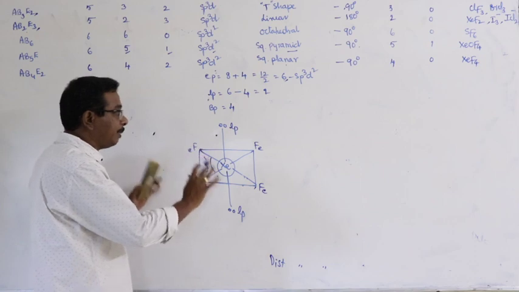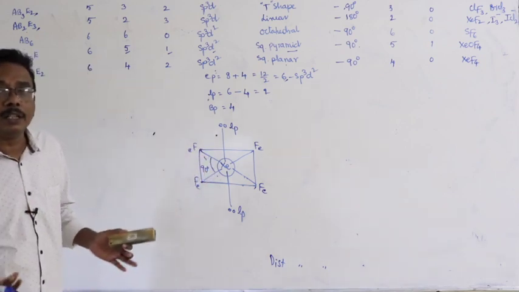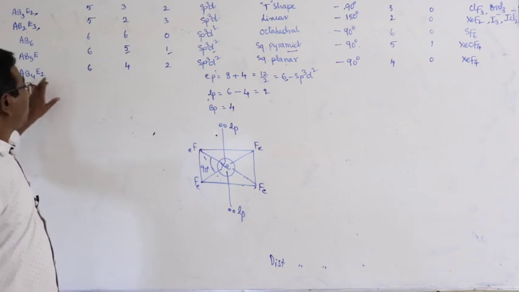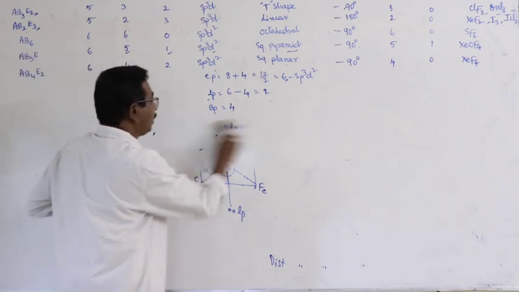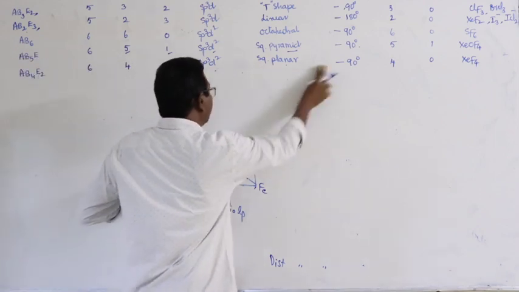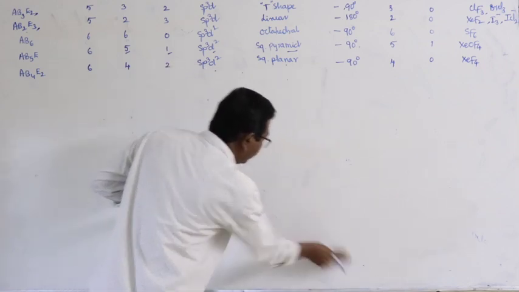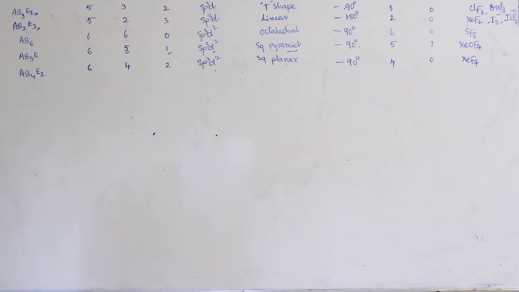Then the repulsion is minimum and the stability of the molecule is maximum. This is about the AB4E2 type. Next one.